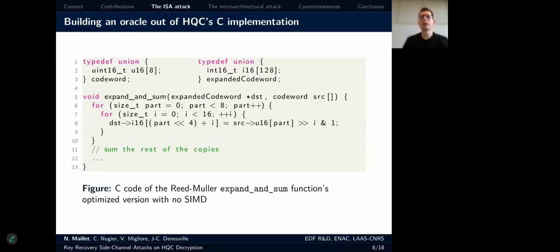So if we look at the C code of HQC at the beginning of the decoding, we have this function, exponent sum, which is done at the beginning of the Reed-Muller decoding, and it's using the v minus uy by blocks of 16 bits, and in those blocks of 16 bits, it's computing on each bit one by one. This could be really interesting from a side channel point of view, but we still have to look more into it to ensure that there is a side channel at least at the architecture level.